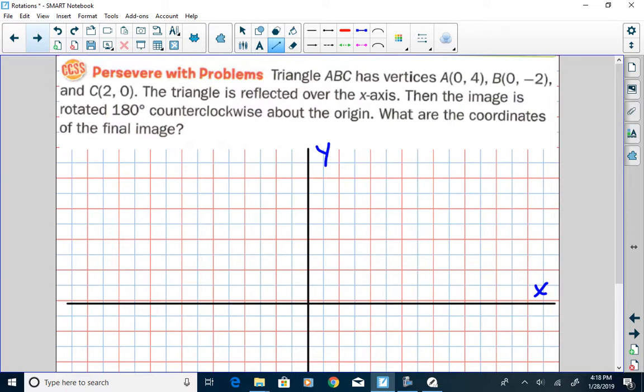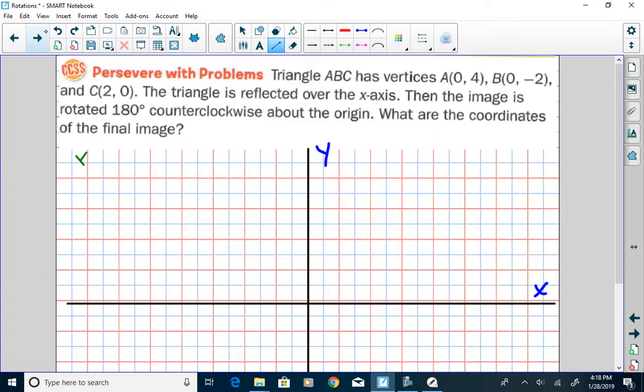Alright. What's our next question? Triangle ABC has vertices at 0, 4, 0, negative 2, and 2, 0. The triangle is reflected over the x-axis, then the image is rotated 180 degrees counterclockwise about the origin. What are the coordinates? We're going to have to use two rules to get our ordered pairs. If we're reflecting over the x-axis, the x value stays the same and the y value becomes its opposite.